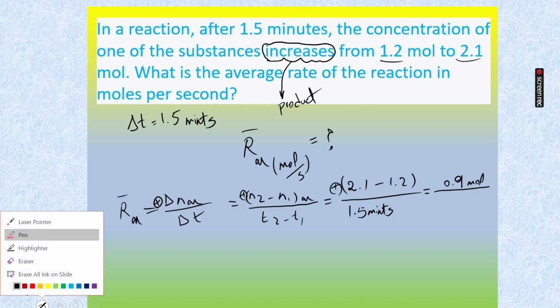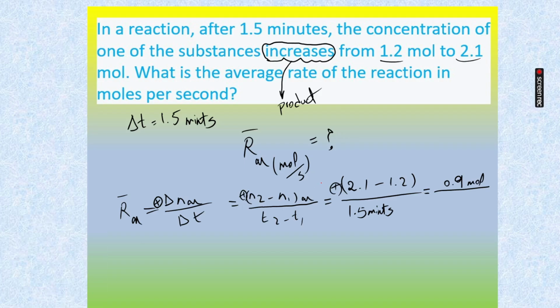So you're using the factor label method. You have to delete the minute, so you put the minute in the bottom and you're looking for second. And you know 1 minute is equal to 60 seconds.